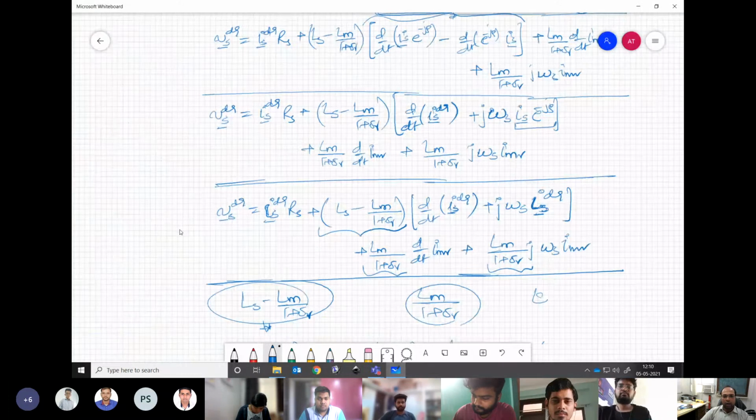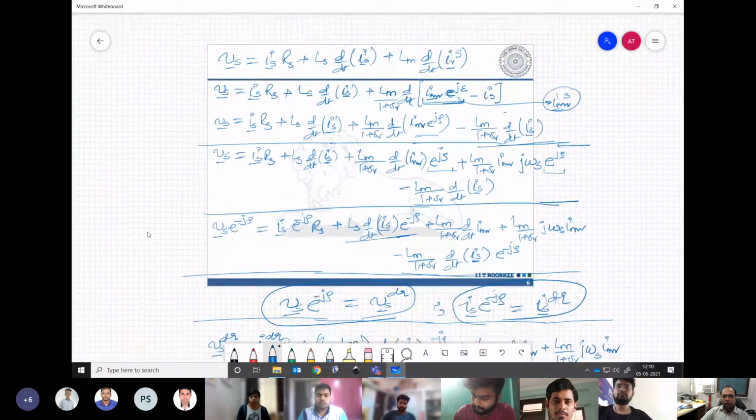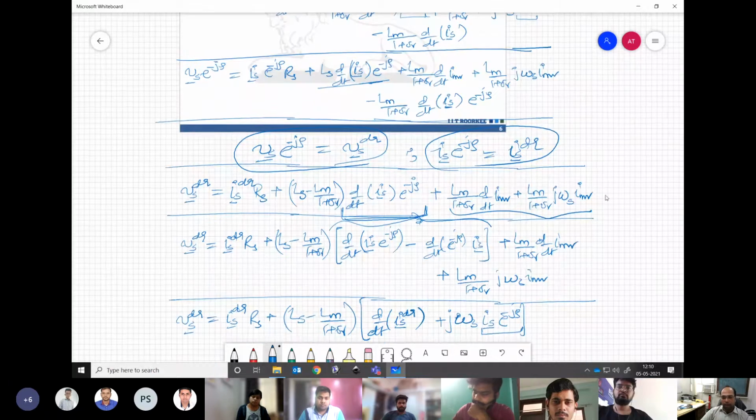Now we have the stator voltage equation, and we plug in and replace our rotor current with similar equivalent currents.